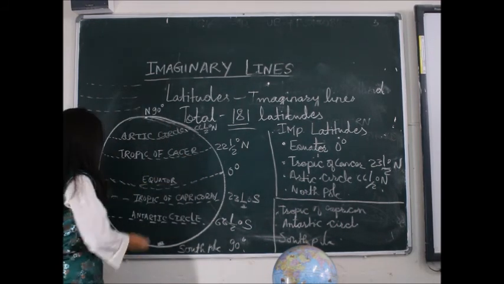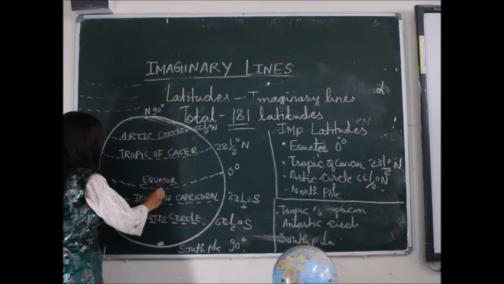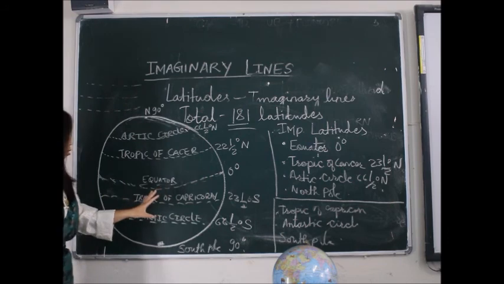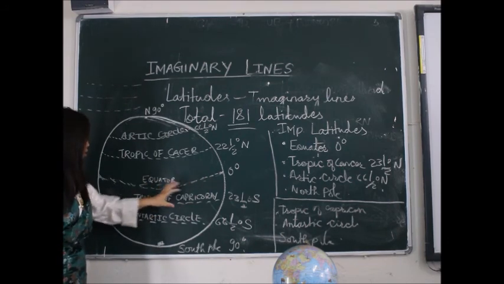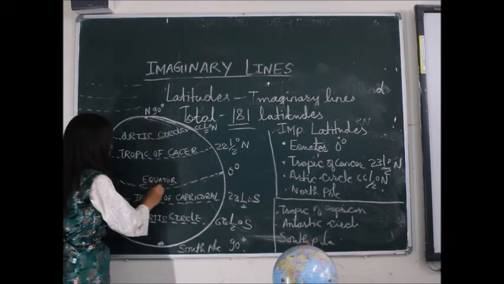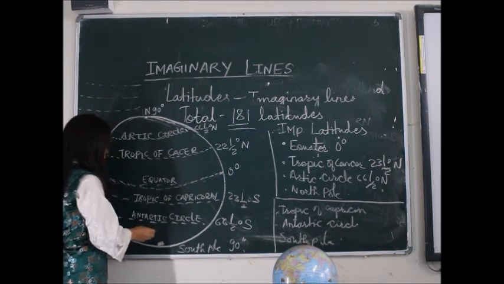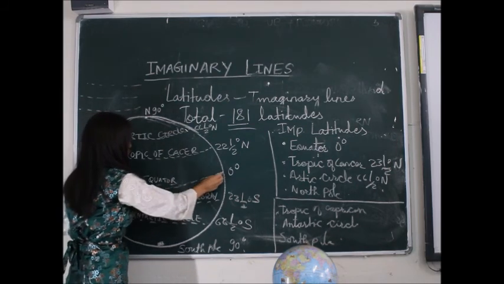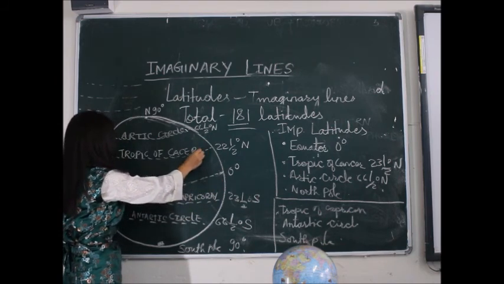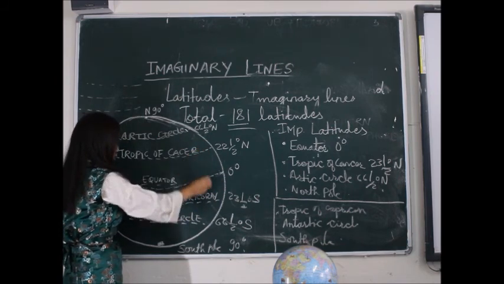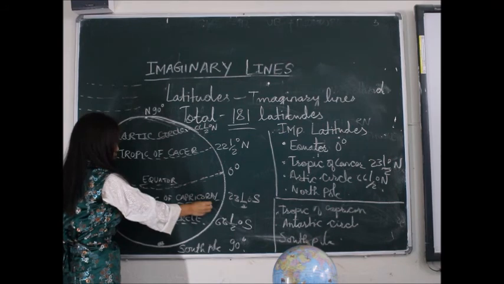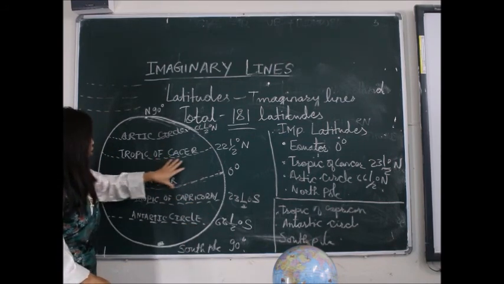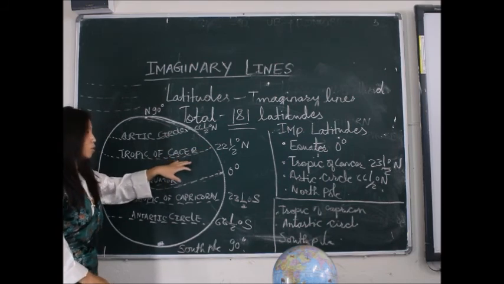And we have already discussed that equator is the longest latitude. It means equator makes the highest circle, and from equator, if we go to the Tropic of Cancer or Tropic of Capricorn, on both sides the circle is a little bit reduced.